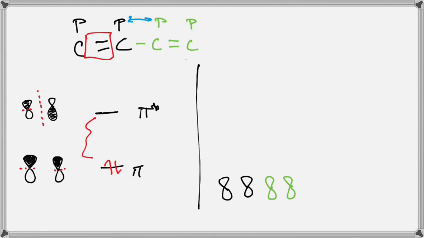Okay? Let's pull back to some molecular orbital stuff. This would represent one of my pi bonds, my pi molecular orbitals. But if I bring in 4 atomic orbitals, how many molecular orbitals must I make? It's 4.